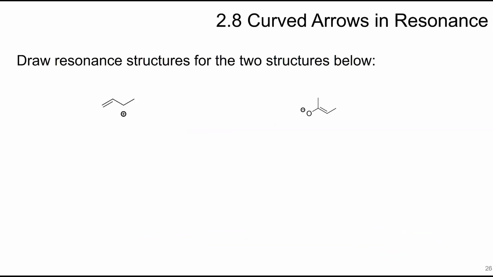If we're going to use these rules, draw resonance structures for the two below. Here is an empty orbital, and I can draw electrons from here into that. And this double-headed arrow represents a resonance structure. That is the main carbon skeleton, which I have not changed any things there.